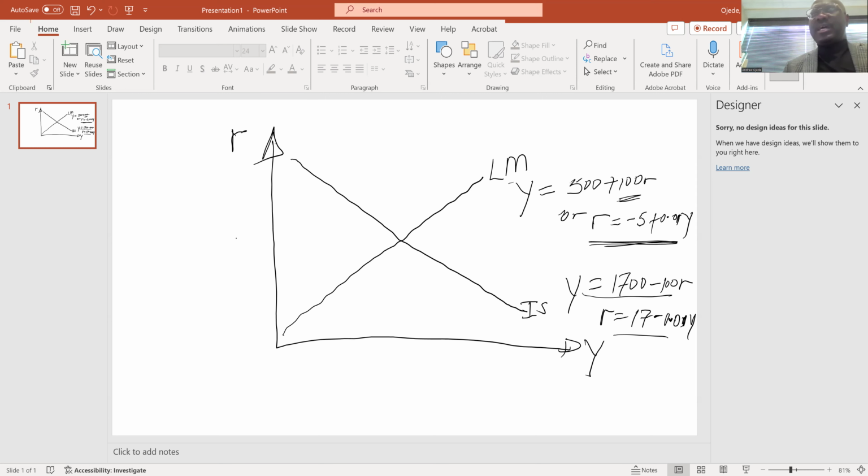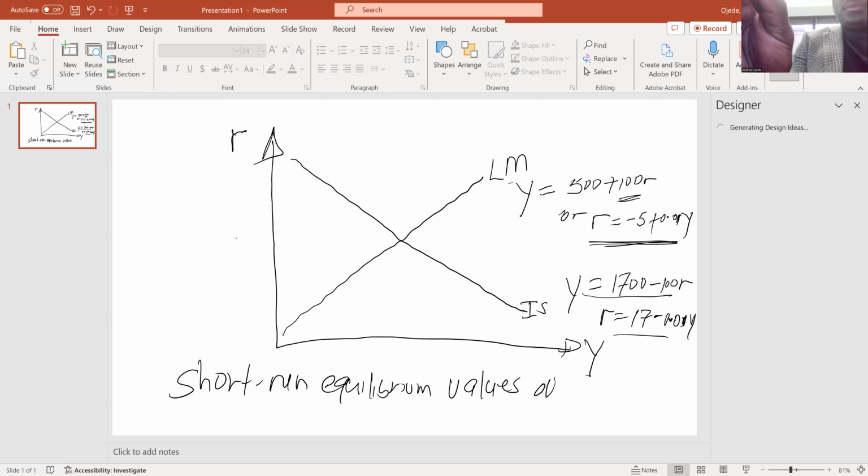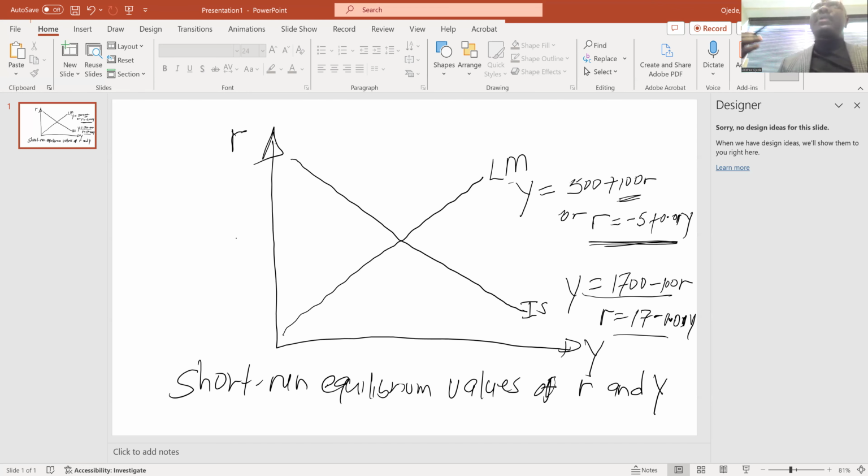Now the most important thing that we have to do, the next question on which we did not finish, asks us to solve for the short-run equilibrium values of interest rate and real GDP, Y. That point of equilibrium is when the money market, depicted by the LM curve, and the goods and services market, depicted by the IS curve, both reach equilibrium simultaneously.